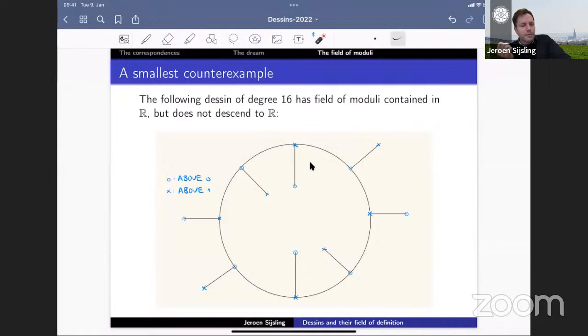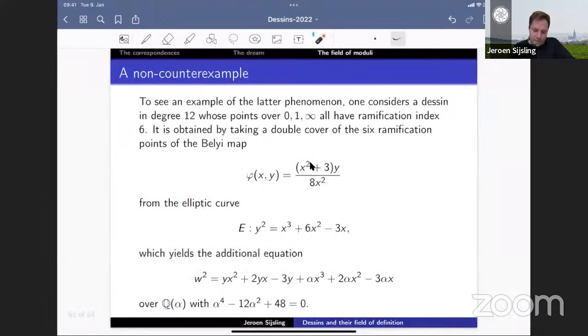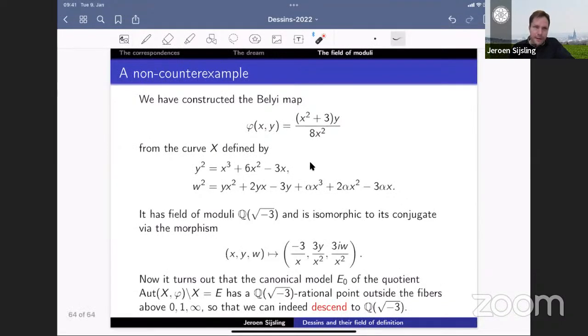There is research on this, but the coefficients get a bit large. I had this other counterexample where it does descend, so it's a non-counterexample, that's what I called it. And there you can really determine the descent in the end, although it's not written in the slides. If you manage to find a Belyi cocycle, then you can also write it down.